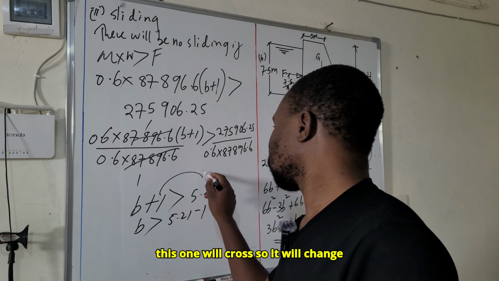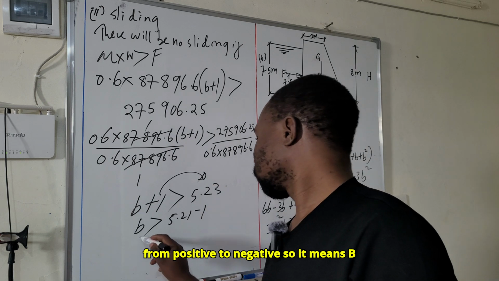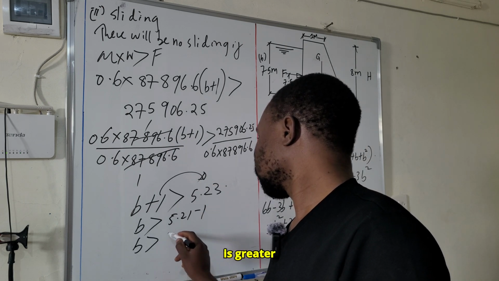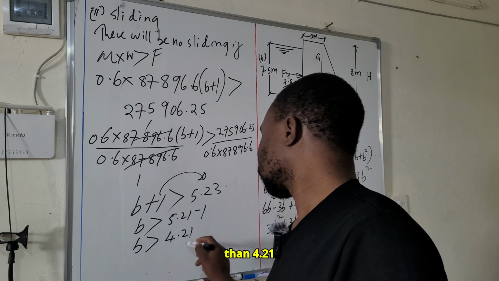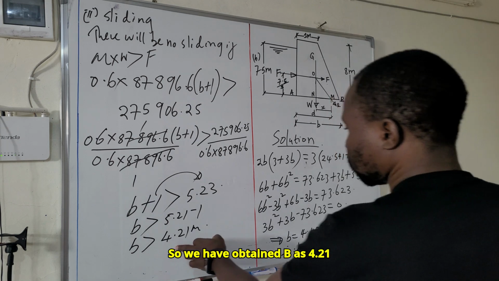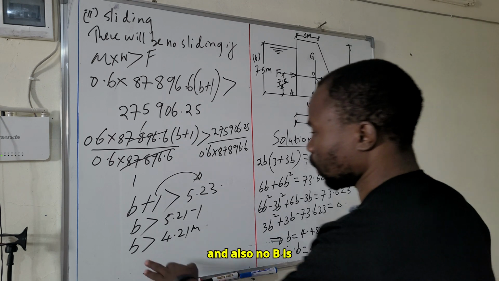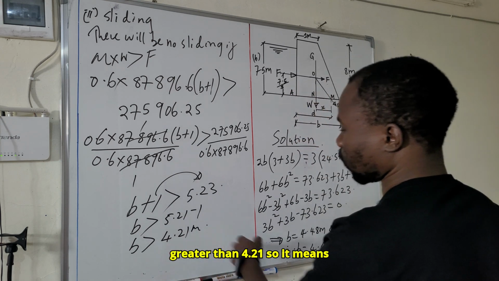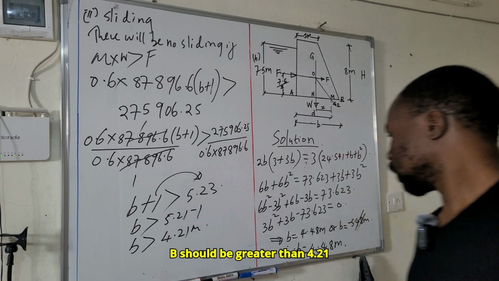So this one will cross, so it will change from positive to negative. So it means B is greater than 4.21 meters. So B should be greater than 4.21.